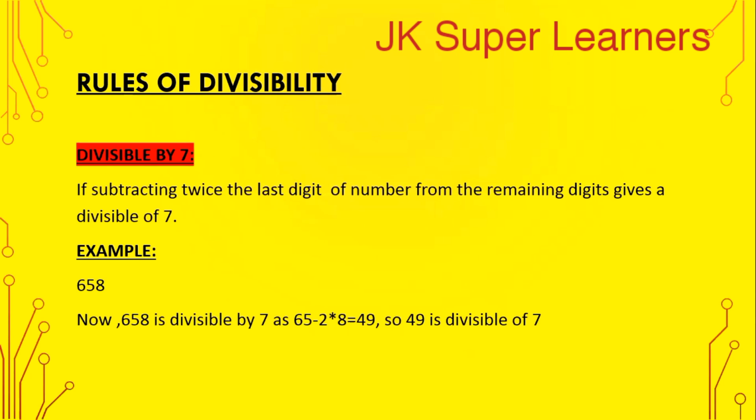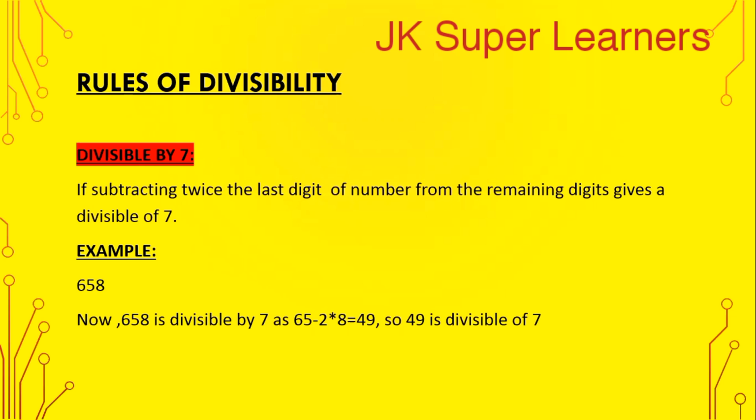So next is divisible by 7. If subtracting twice the last digit of a number from the remaining digits gives a multiple of 7, the number is divisible by 7. For better understanding, let us see one example. For example, 658 is given.